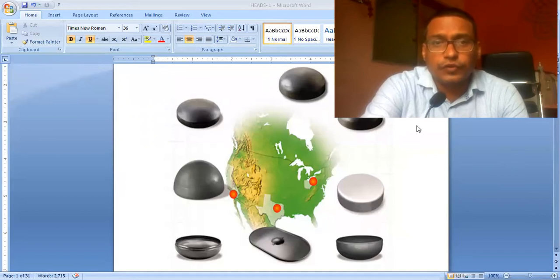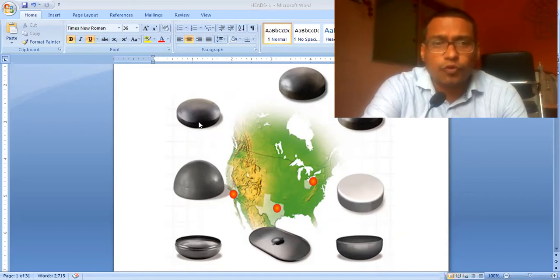However, when we talk from the industrial point of view, we can have different types of heads. In this figure, we can see the different types. One is the simple one, that is the flat plate that is provided.